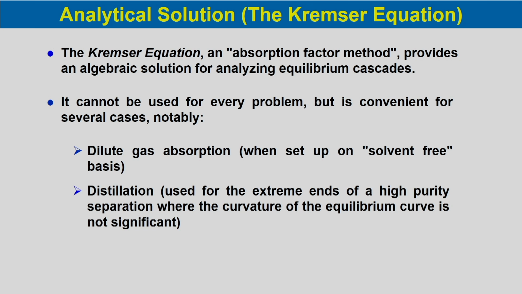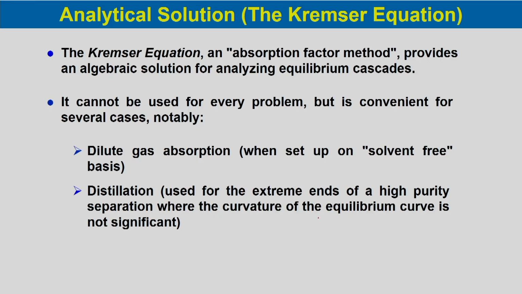In distillation, the change from 99.9% to 99.99% purity is one where the concentration change is not significant. So, the solute transfer will be very small, and in that case we can calculate analytically how many stages are required using the Kremser equation.